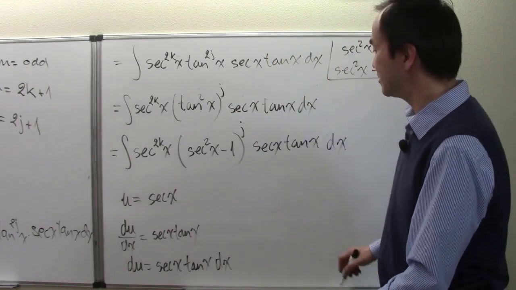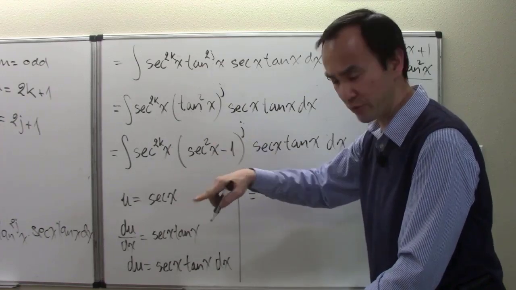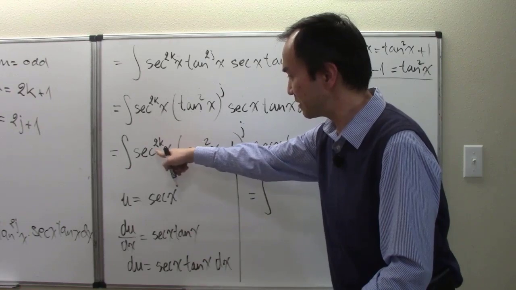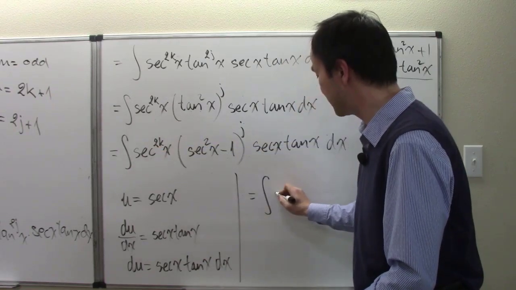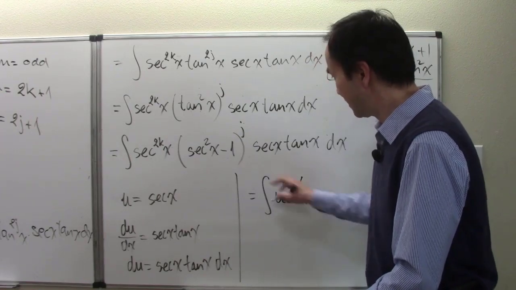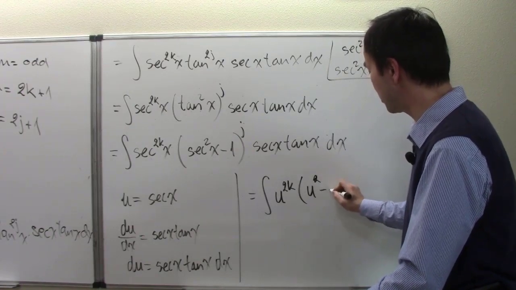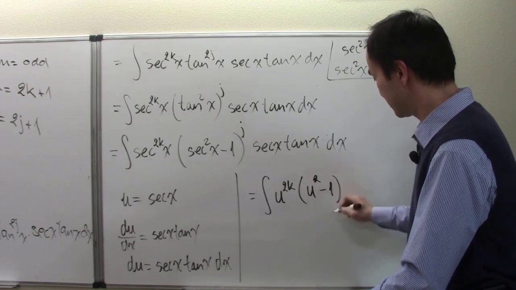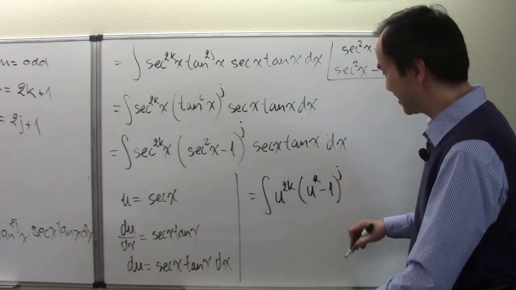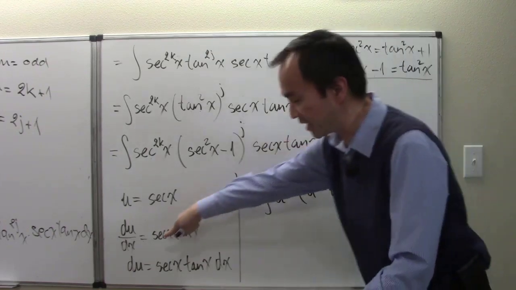So now this integral gets reduced to: the secant to the power 2k becomes u to the power 2k. The secant square minus 1 becomes u square minus 1, with the quantity raised to the j power. And the secant x times tangent of x times dx can be substituted by a du.